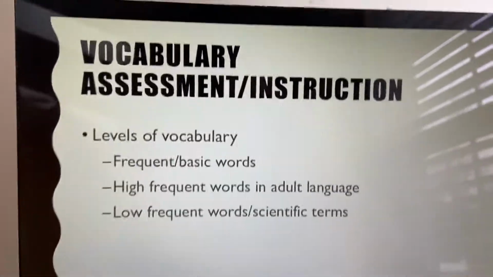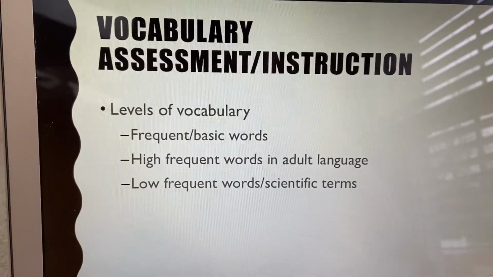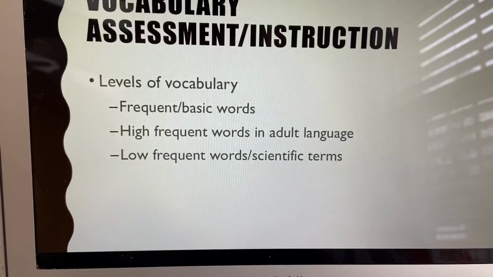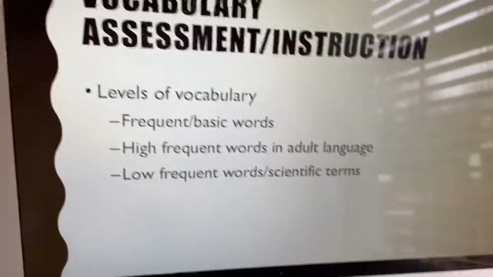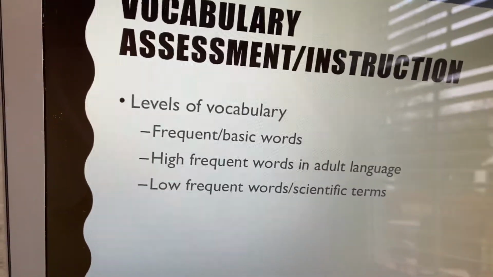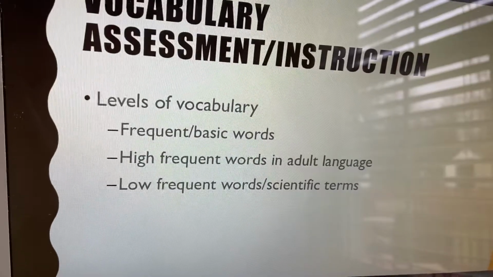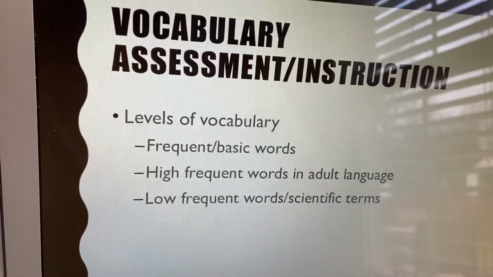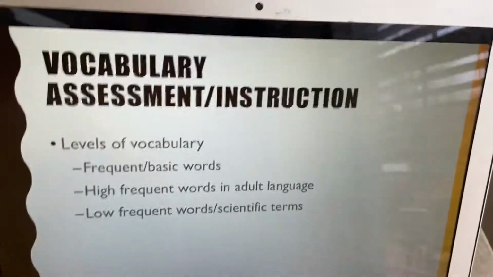There are frequent basic words in language, high frequent words in adult language, and low frequent words, which are scientific terms or mathematical terms. Some examples that the book gives are sea urchin, the economy, which is a social studies term, and integer, which is mathematical vocabulary.